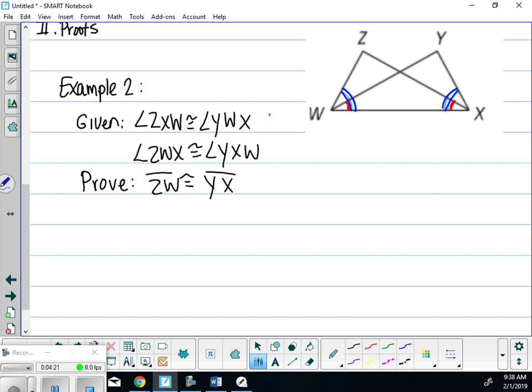Okay. So, since we want to prove that ZW is congruent to YX, in order to do that, from what we've talked about in this chapter, we need to show that two triangles are congruent somewhere in this picture.